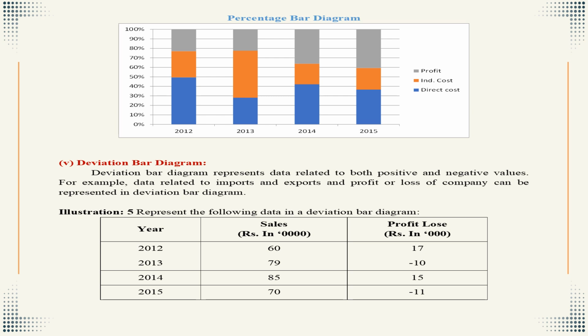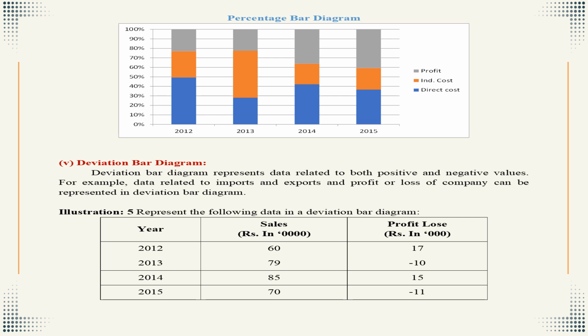Then next, deviation bar diagram. Deviation bar diagram represents data related to both positive and negative values. For example, data related to imports and exports and profit or loss of a company can be represented in a deviation bar diagram. To explain it, one illustration has been given.